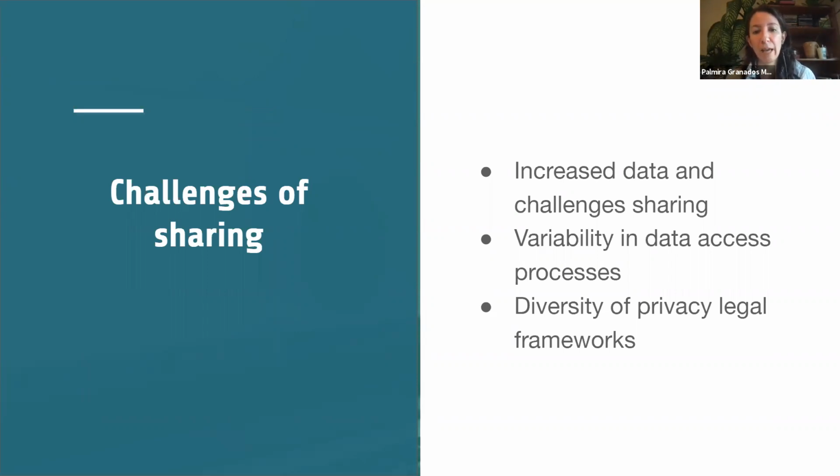It was also clear that all the different types of data created a variability in data access processes. And given the global aspect of data sharing today, there was also diversity of privacy legal frameworks that needed to be addressed for data sharing to be in compliance with all the ethical and legal matters.